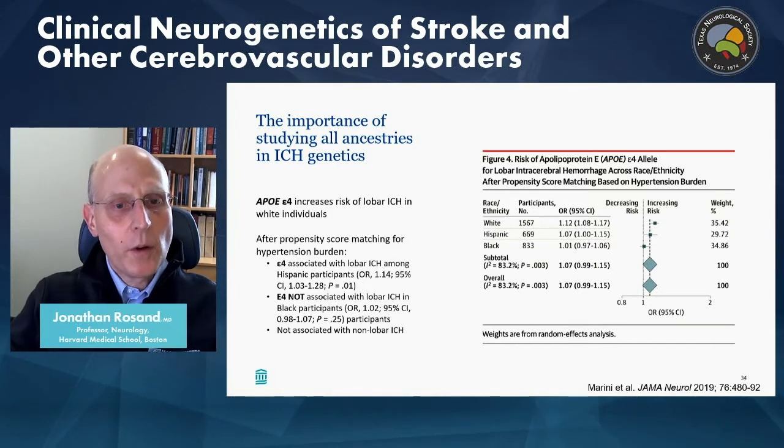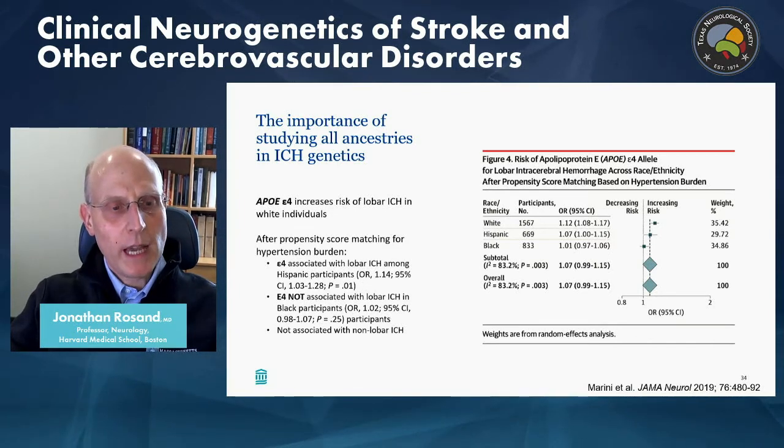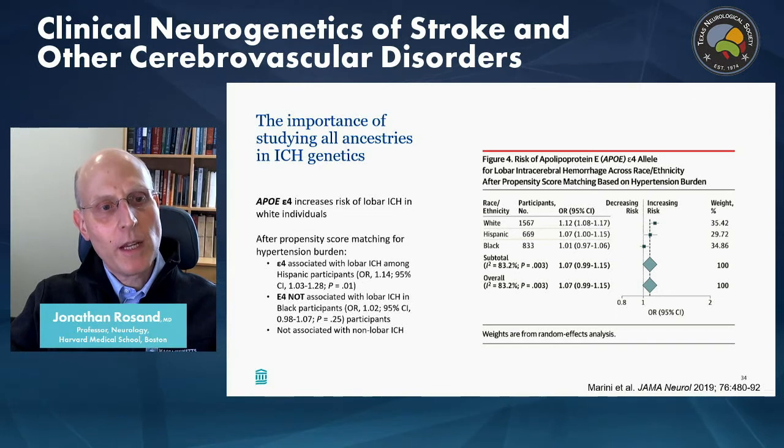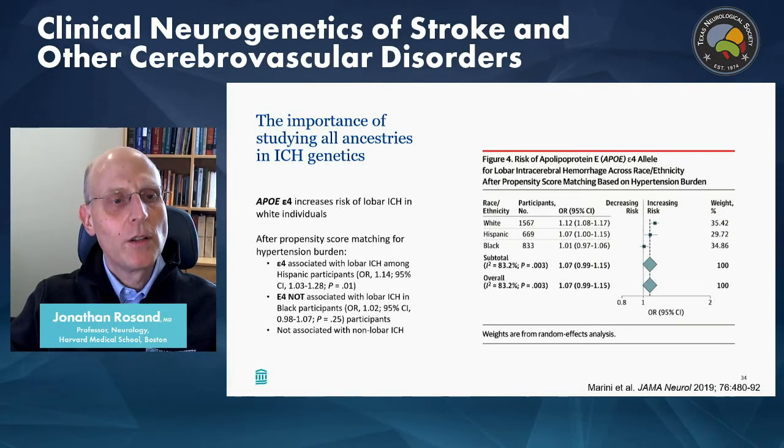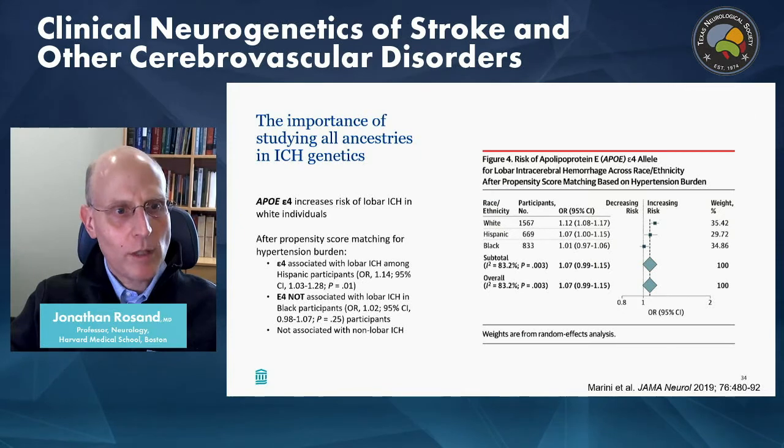What we confirmed in this particular study, when we asked about ApoE4 and its association with ICH, was that it was associated with risk of ICH in the lobar brain regions, which we'll come to in a second, that is, at the cortical subcortical junction, typically associated with amyloid angiopathy.